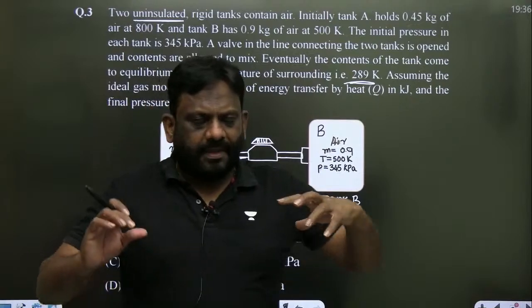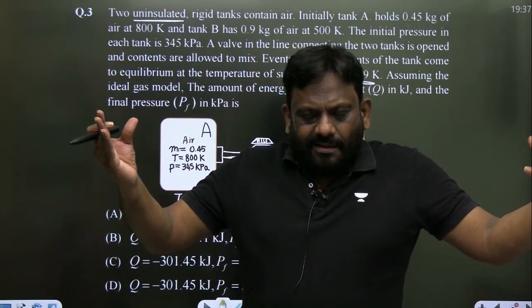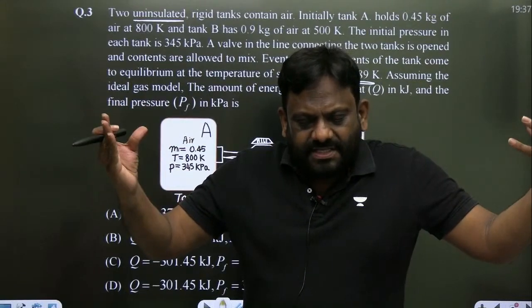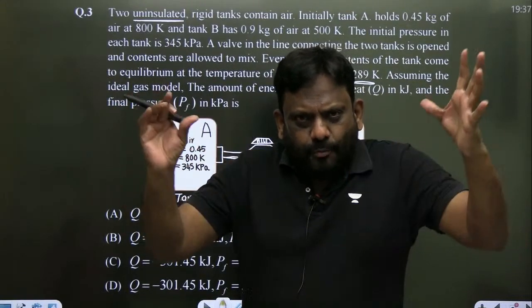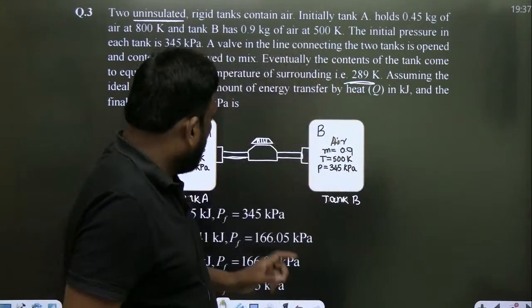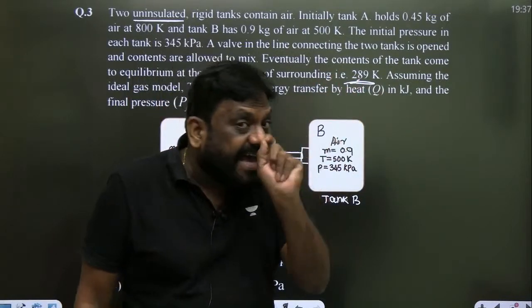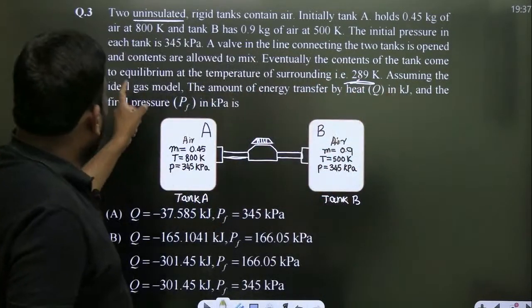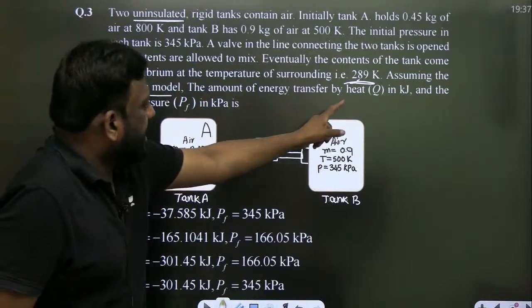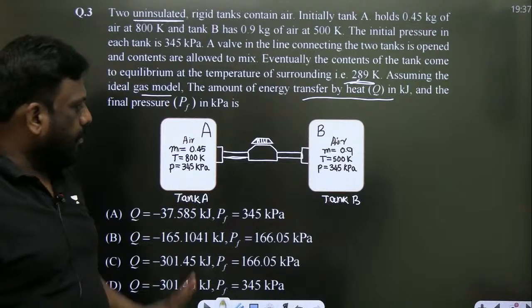Listen carefully. This side there is air, this side there is air, and both are at different temperatures. The valve is opened, and the contents are allowed to mix. No problem, sir. Now look, the final equilibrium temperature is 289. It is given in the problem. Assuming ideal gas model, the energy transfer by heat and the final pressure is very good.